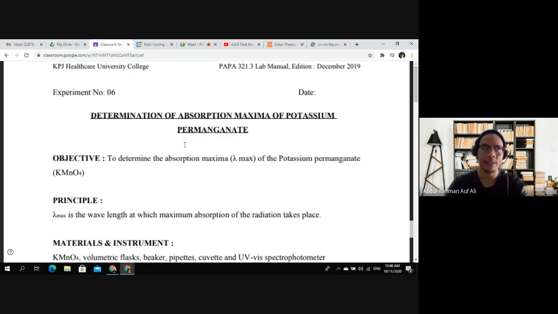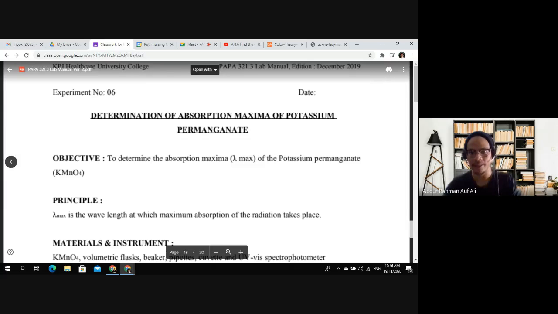Kita boleh guna dia sebagai identification test because different compounds ada different absorption maxima. Absorption maxima maksudnya what is the maximum wavelength yang that substance boleh absorb, because different substances absorb light at a different level.